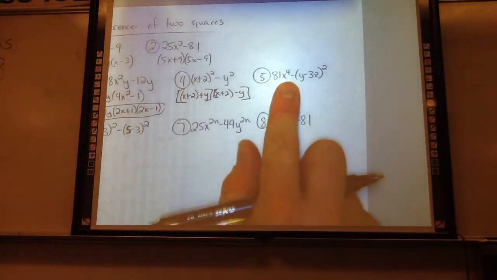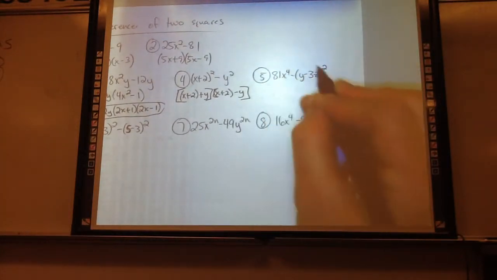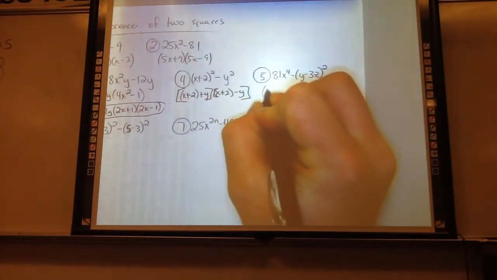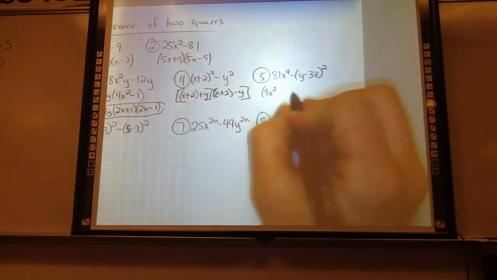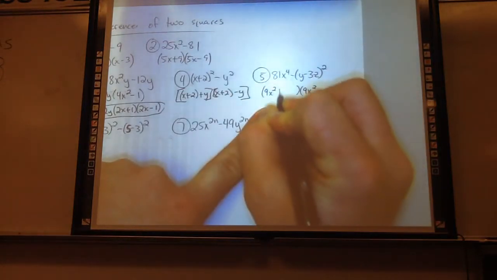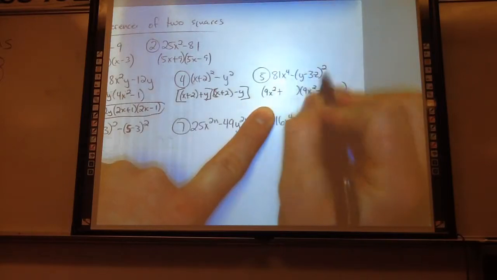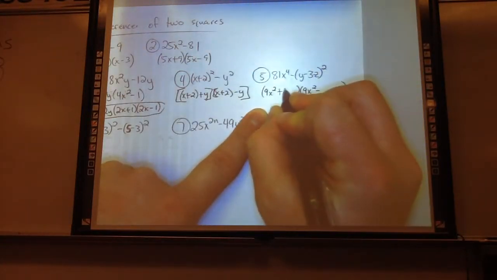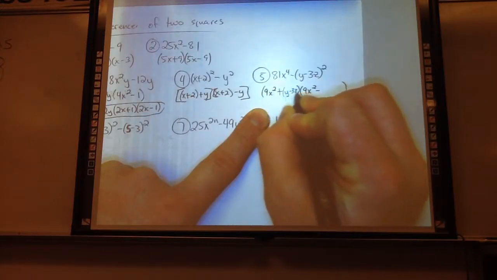Very similar here. That's a square, right? What's the square root of that one? 9x squared. Do a plus, a minus. What's the square root of that one? y minus 3z.